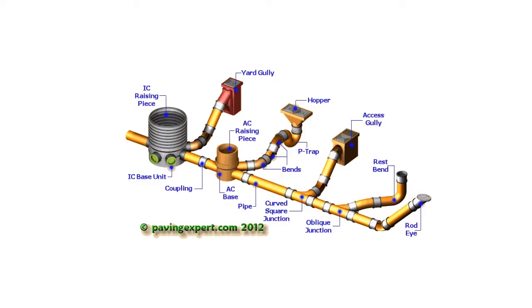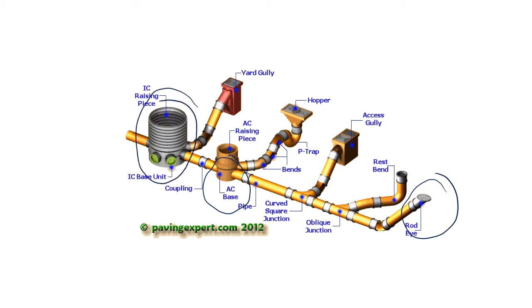The illustration shows the example of piping system for drainage. The fittings include gullies, hopper, traps, bends and junction as standard item, as well as access chamber, rodding eye and inspection chamber.